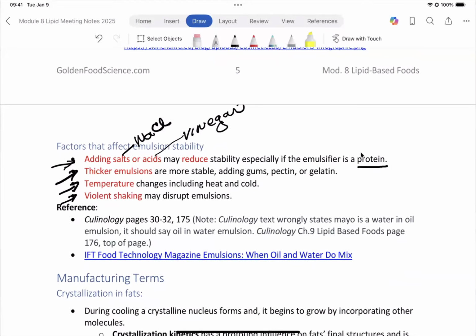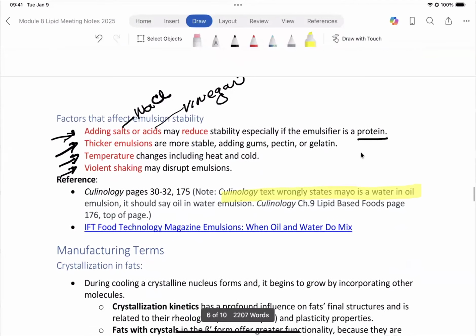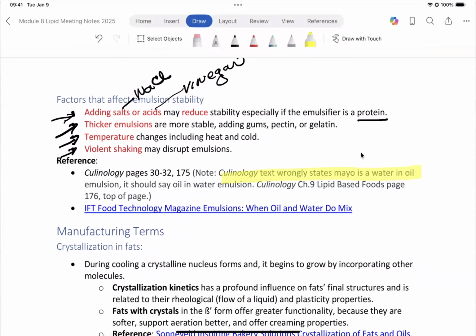The raw culinology text says mayonnaise is a water and oil emulsion, but it's not. It's an oil and water emulsion. So you want to find that in your textbook. I think this article I have right here is probably where I got most of the information from, but I'll go back and look at it again.